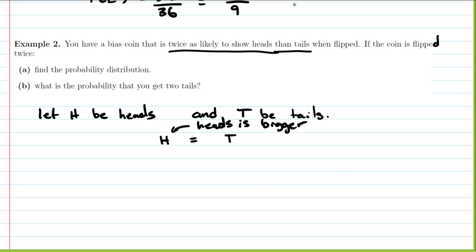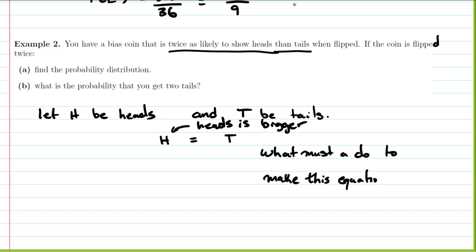So if heads is bigger, what must I do to make this equation true? Because right now, heads does not equal tails. So if heads is bigger, to make this equation true, I have to make the right-hand side larger. Perfect. So I'm going to multiply this side by 2 to make these two things the same.